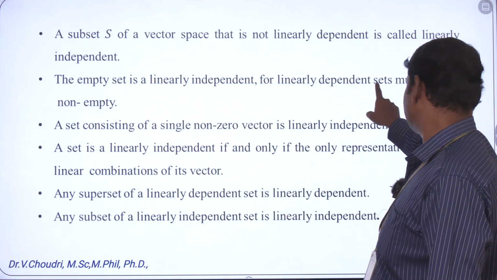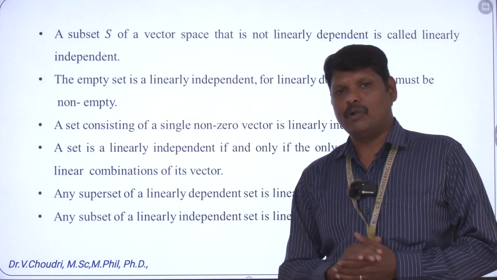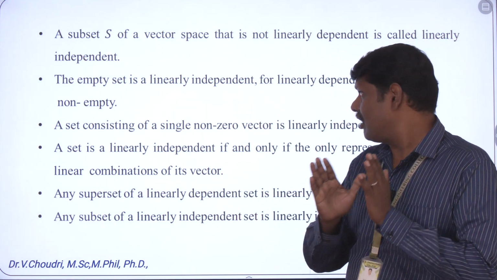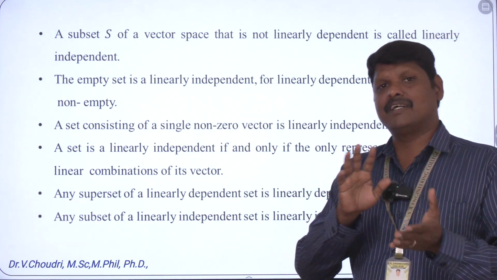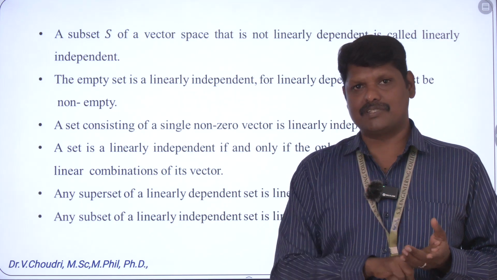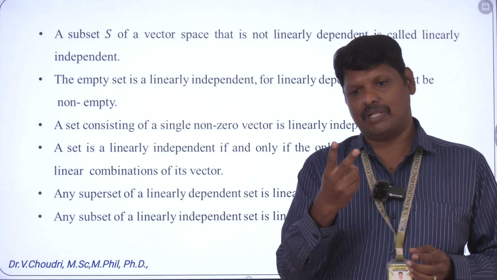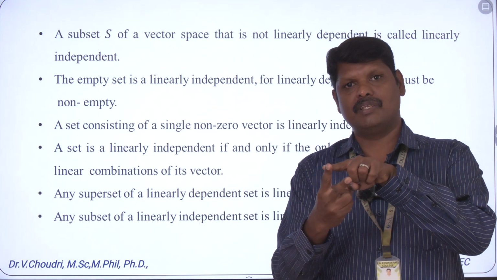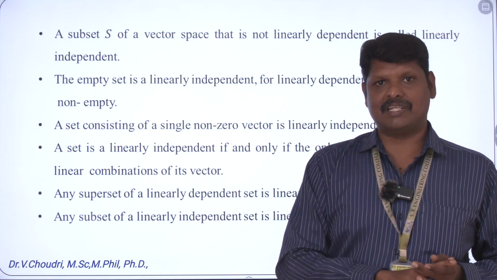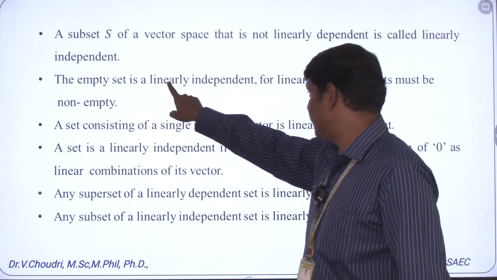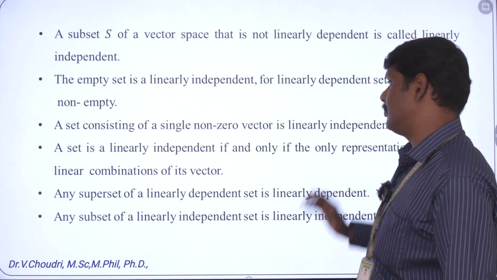Linearly dependent sets must be non-empty. Why do we say the empty set is not a dependent set? When we say dependent, at least we need two elements, where one is dependent on the other. If it is independent, one element is okay, and the empty set is also clear. So the empty set is linearly independent, not linearly dependent.